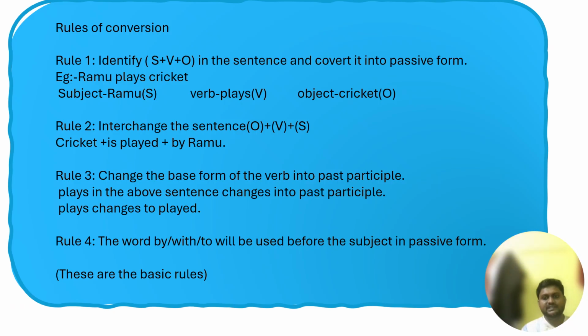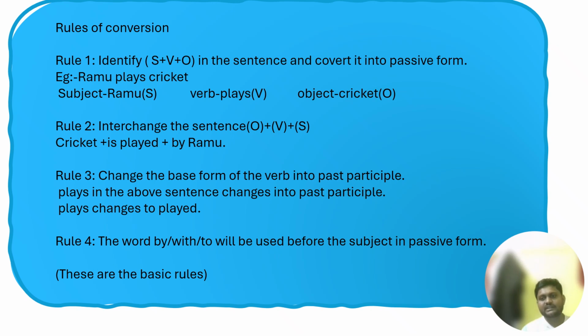To convert a sentence from active to its passive form, first we must be aware of its structure. As we can see on the screen, there is a sentence: Ramu plays cricket. In the sentence, Ramu is the subject, plays is the verb, and the object is cricket.